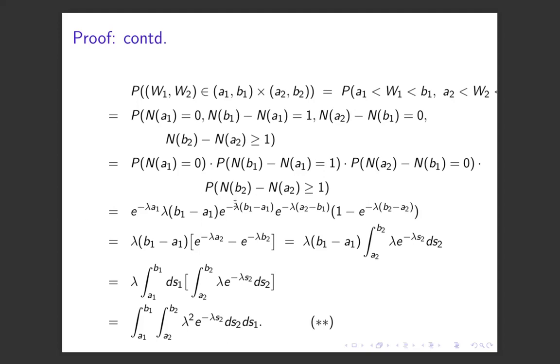So you can do cancellations here, the exponential terms. And after that, what survives is lambda times (B1 minus A1) multiplied with e to the power minus lambda A2 minus e to the power minus lambda B2.